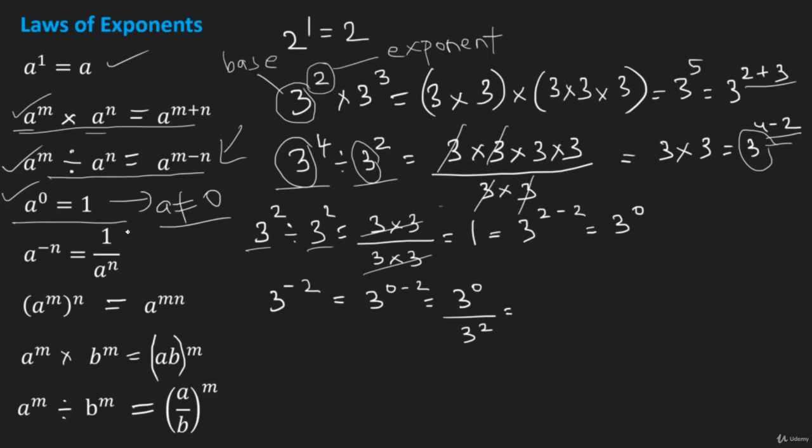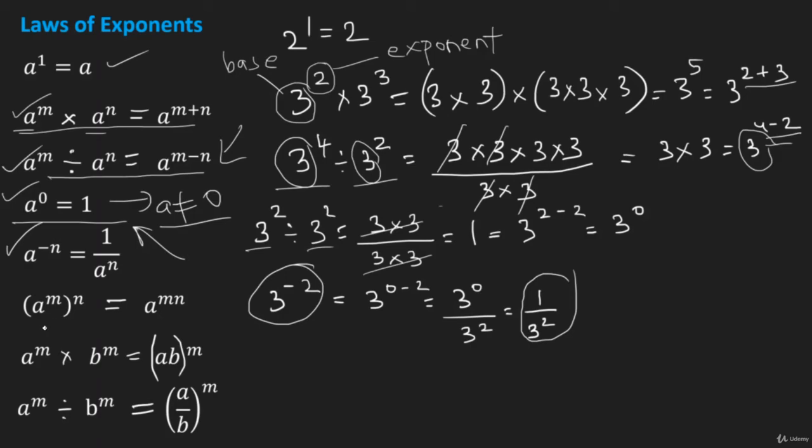And based on what we learned over here, I know that 3 to the power 0 is nothing but 1. Therefore, this expression becomes 1 divided by 3 to the power 2. That's what we learn over here. A to the power minus n is nothing but 1 by a to the power n. Alright, 3 to the power minus 2 is equal to 1 by 3 to the power 2.